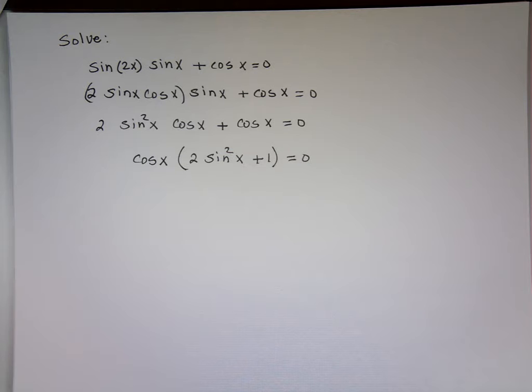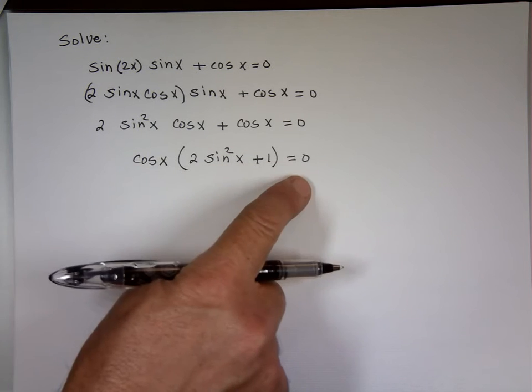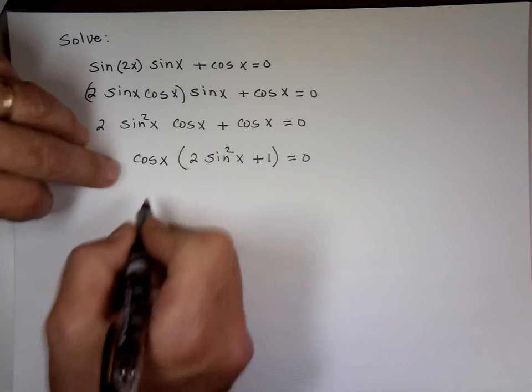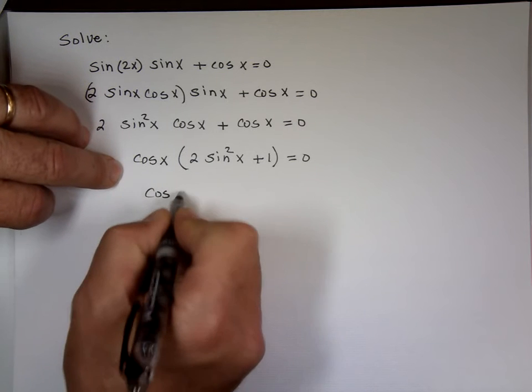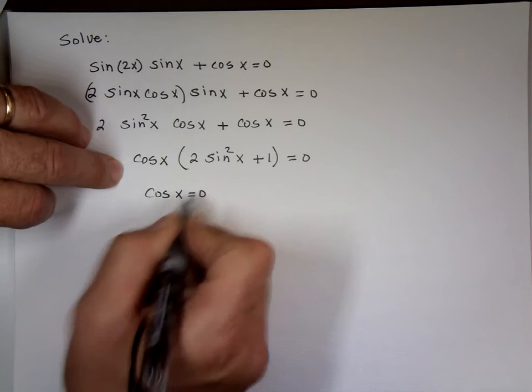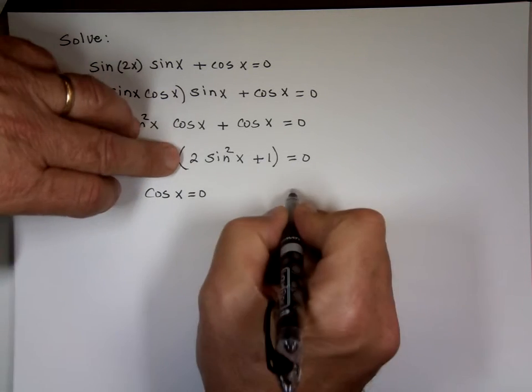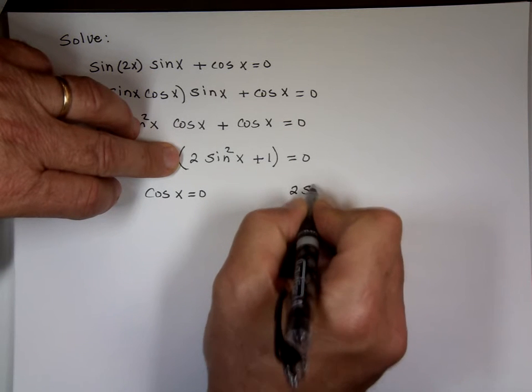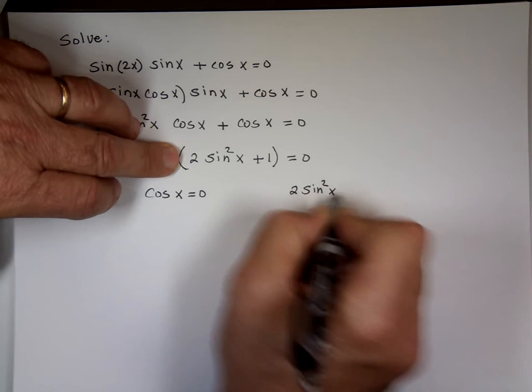The only way that will happen is if one of them is 0 or both are zeros. So let's set each one of them equal to 0 and solve it. Cosine x equals 0. The other one is 2 sine squared x plus 1 is equal to 0.